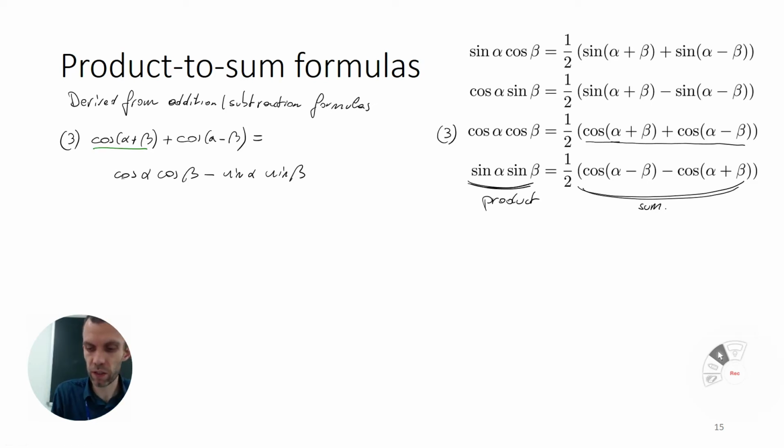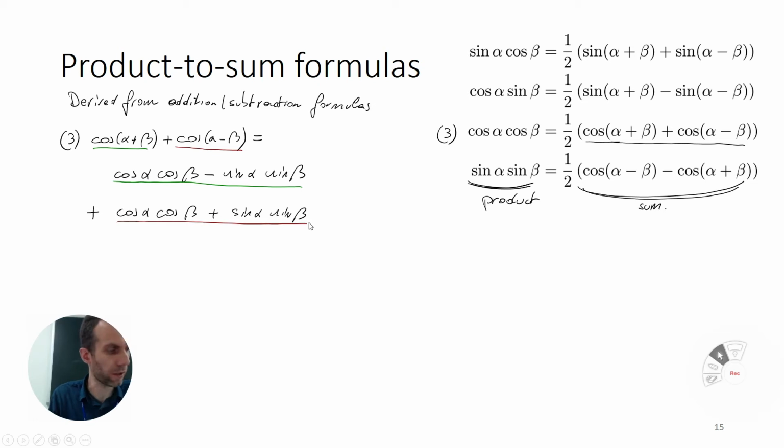So that's basically this term right here that I've expanded. And then we have plus, and now the other term, cosine alpha cosine beta plus sine alpha sine beta. So that's this term right here.